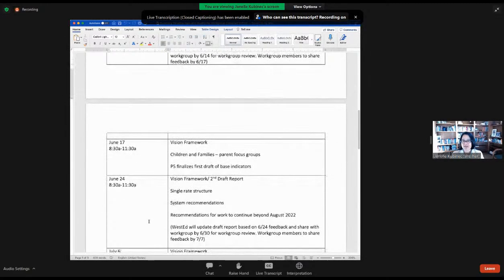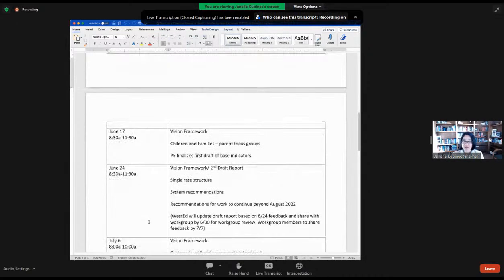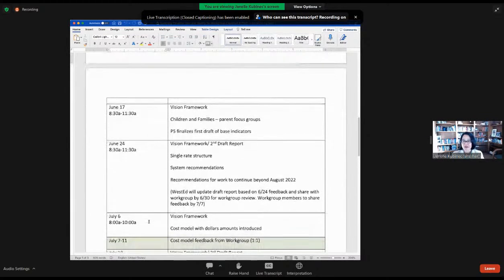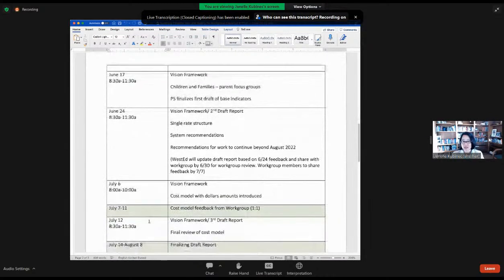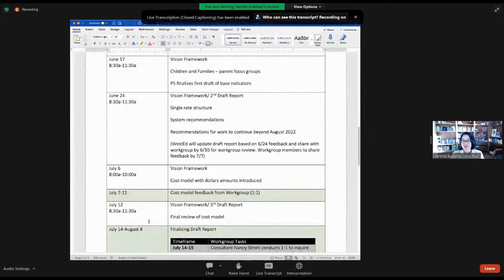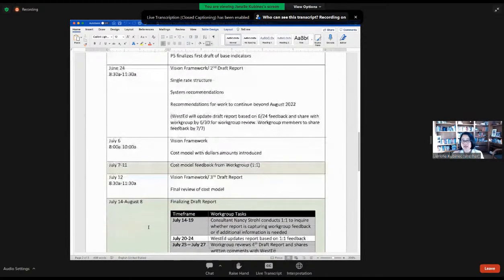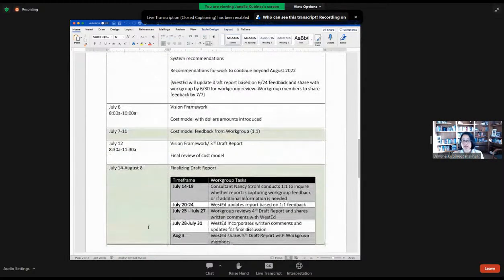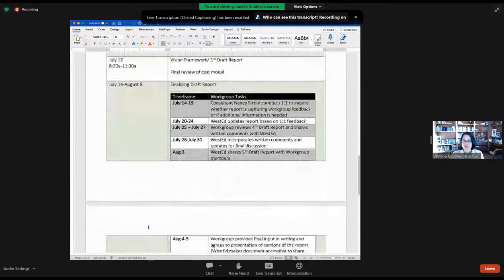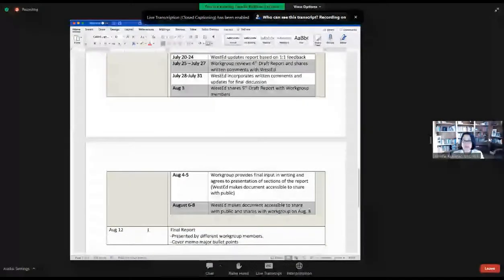And this is because we think this is going to be necessary so that we can bring draft reports or versions of it that will then help us come to the place where in July we're bringing what we consider to be the third draft, and then a work towards a finalized draft. And you can see the detailed timelines of things that would go into that report so that we can finalize and meet the August 15th deadline by having the report on August 12th.